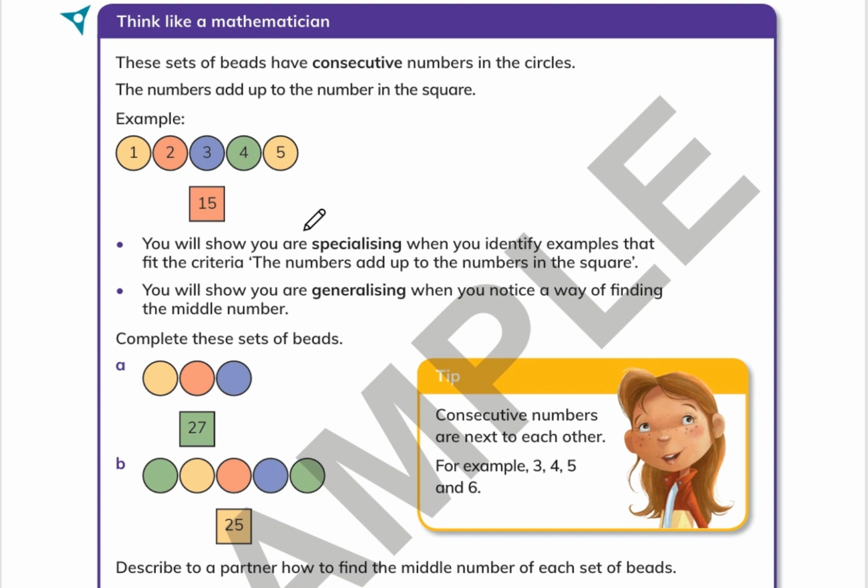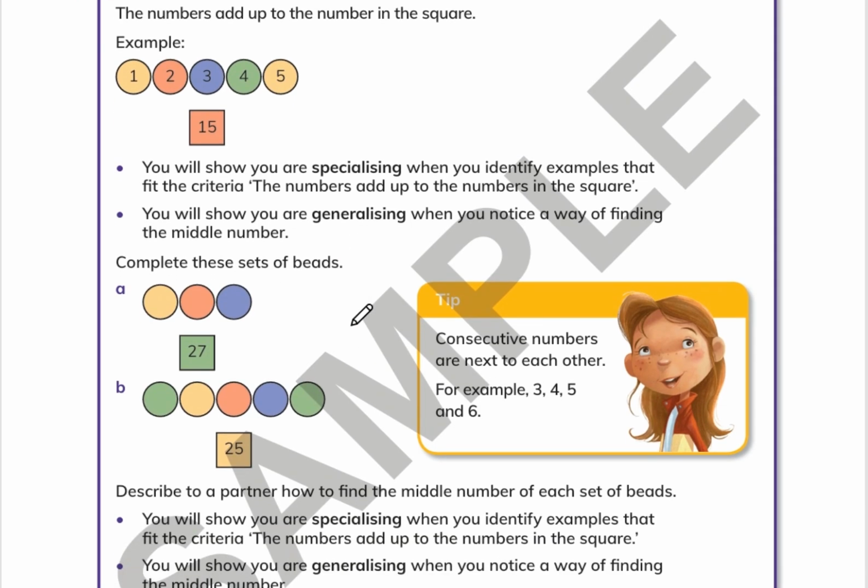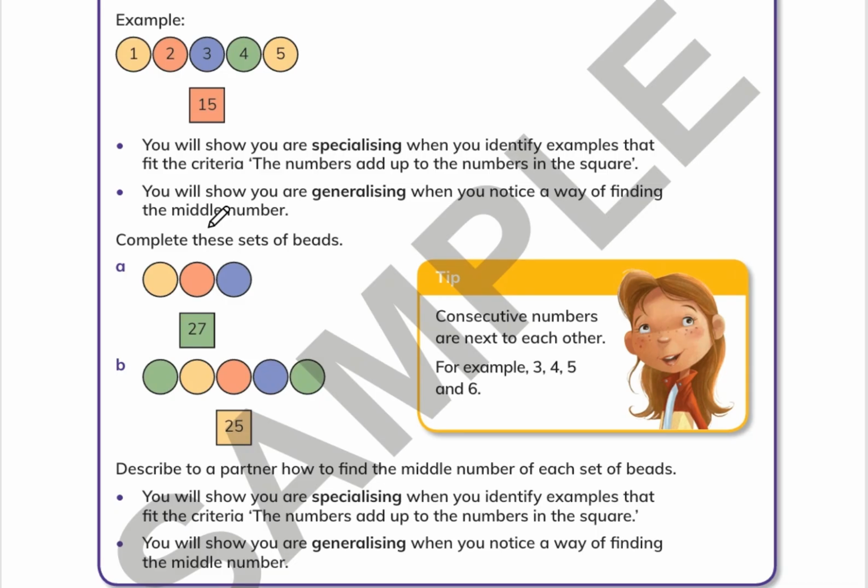So we have to write the numbers here. Let's see. It has a trick. What is the number in the square? It is 27. You will write it here, 27. And how many circles there are tells you how many consecutive numbers you have to write. So this is 1, 2, 3.